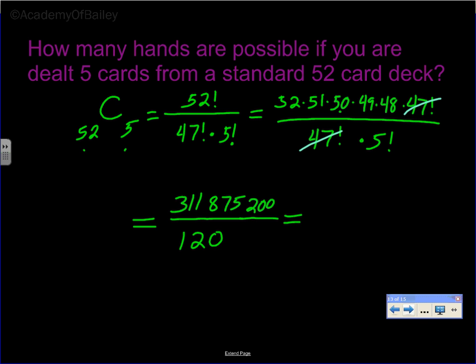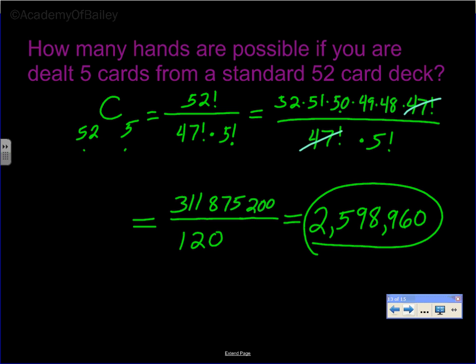And then when you do this, you will divide that 311,875,200 by 120, and it's still a large number. I think it's 2,598,960. Wow. There are 2,598,960 different ways that you can get 5 cards dealt to you from a 52 card deck.